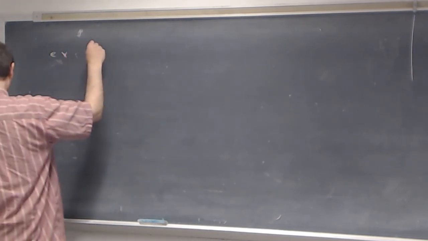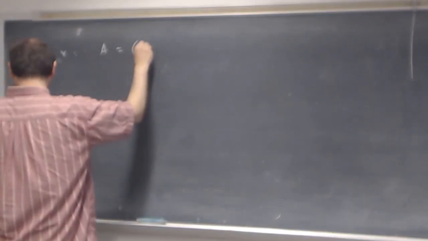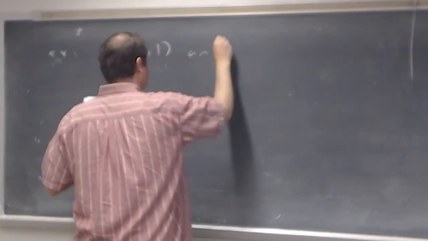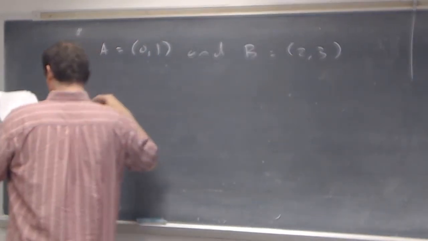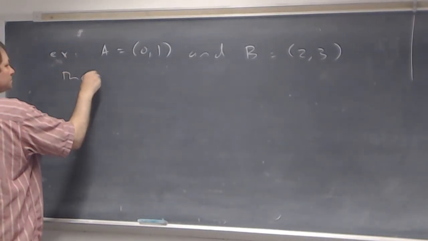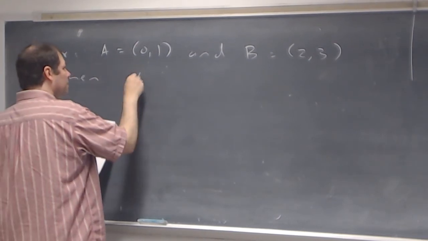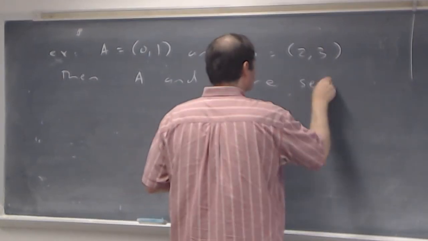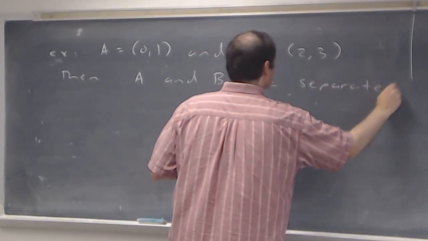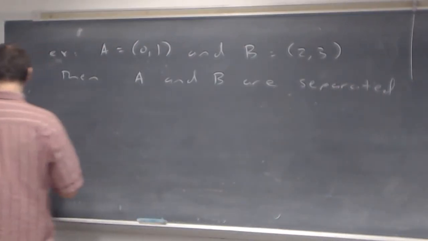Okay, let's look at some examples. If you have A equal to (0, 1) and B equal to (2, 3), then A and B are separated. And that's easy to see.